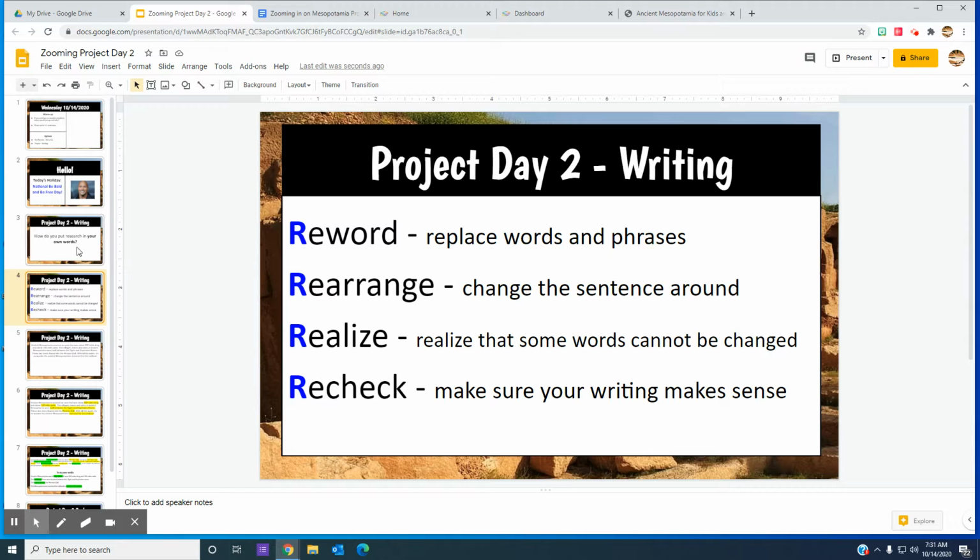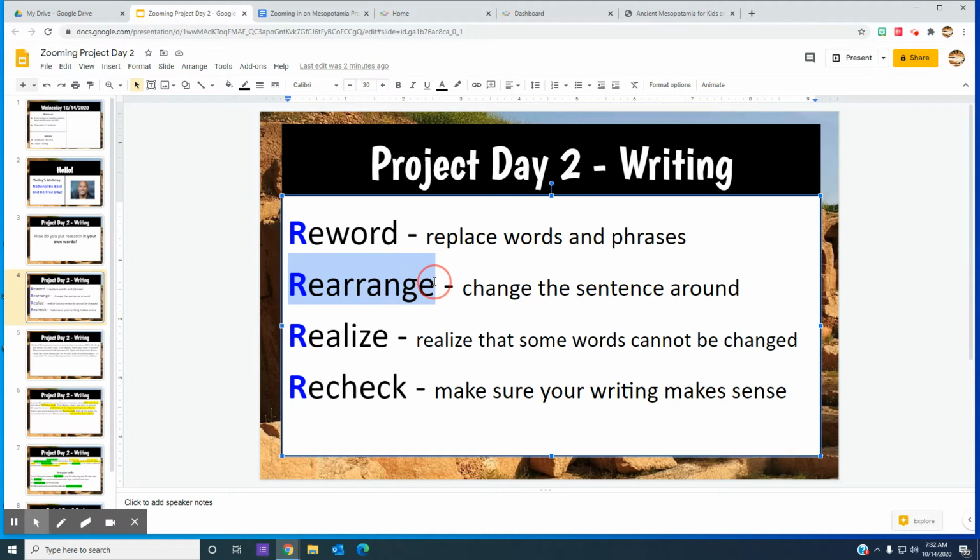Well, there's a couple words that we use to help us paraphrase, to help us rewrite research in our own words. And they are reword, rearrange, realize, and recheck. So the first helpful hint in writing something in your own words is to change the words. Replace the words and phrases with different words and phrases that mean the same thing.